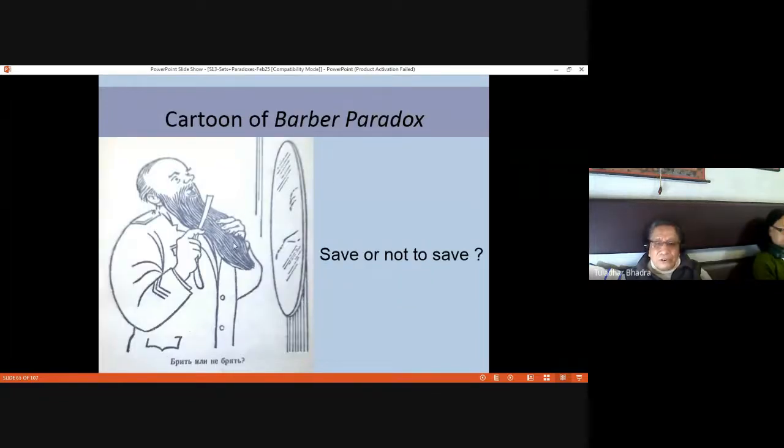Now the paradox is like this. This is a barber, to shave or not to shave. So there was a garrison, a group of army. Then there was an order that only those who don't know how to shave should go to the barber and shave. Those who know how to shave should shave themselves. They should not go to the barber. Okay, it was a simple rule.